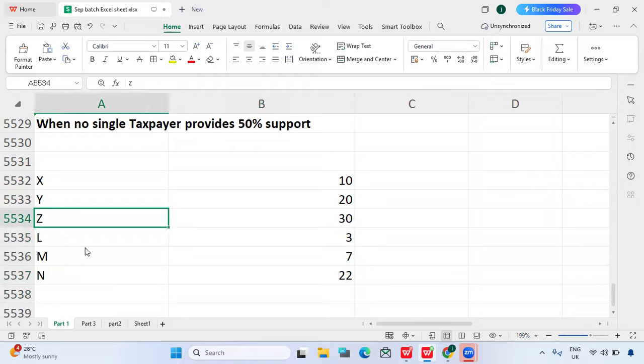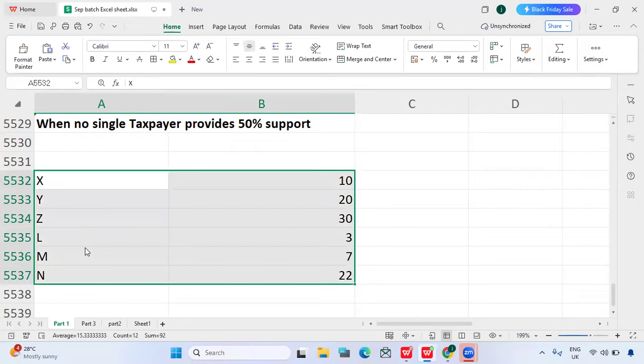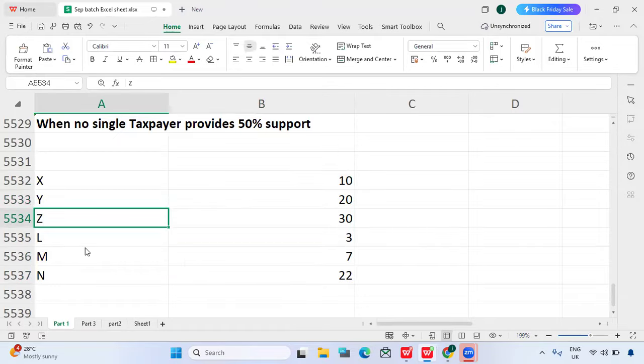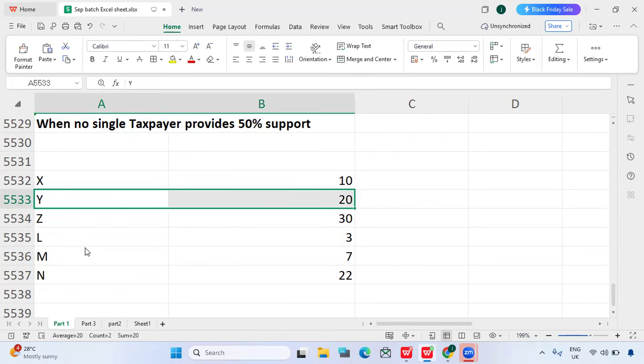In that case, someone should release; someone should compromise and give the option to claim as a dependent. Like see here, Z is providing 30%, so he cannot claim. So X is providing 20, so he cannot claim. So X is providing 10%.